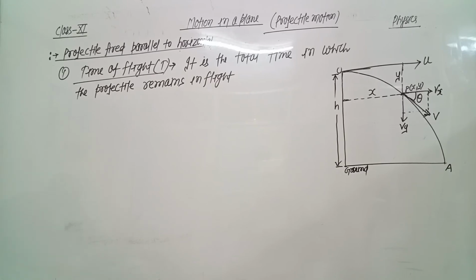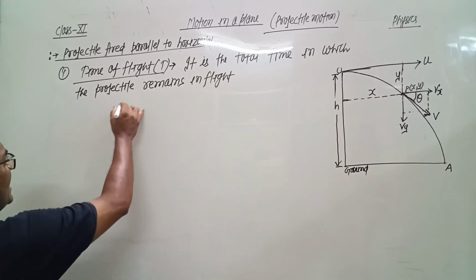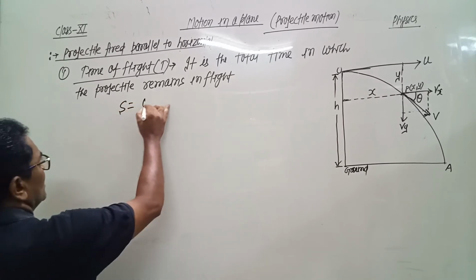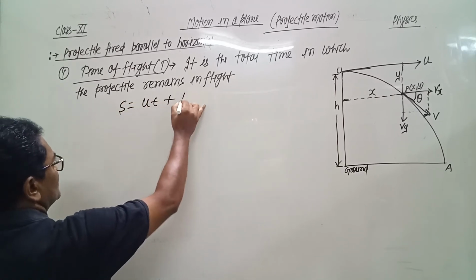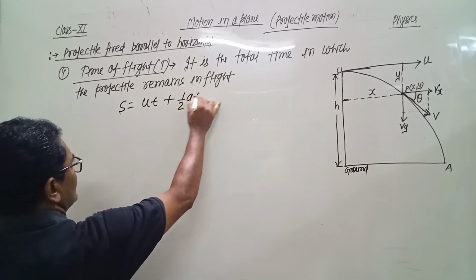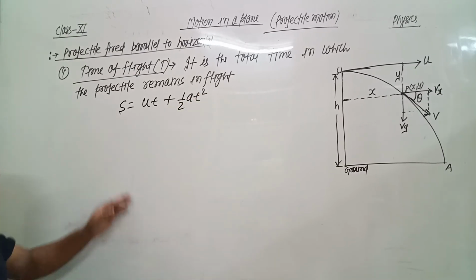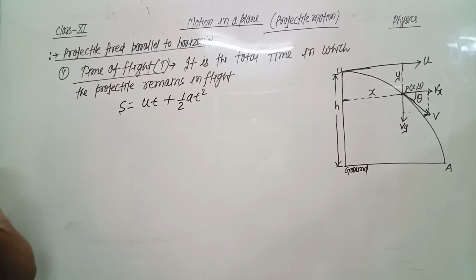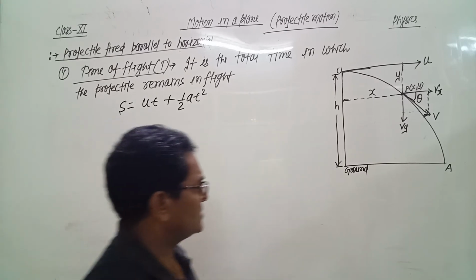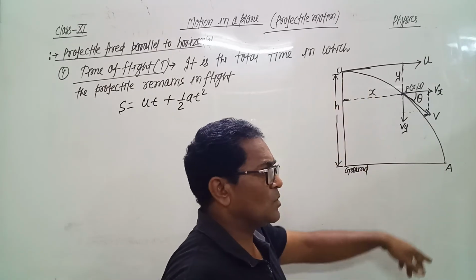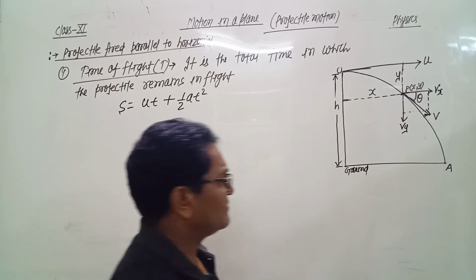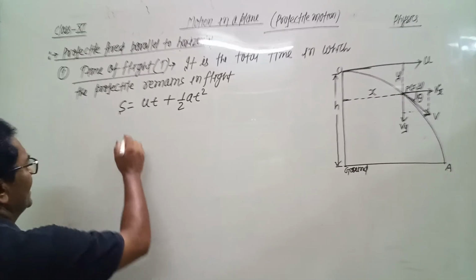So for finding the time of flight, we use the formula s equals ut plus half at square. s is the total vertical distance covered in time of flight. When the body reaches from O to A, then the total vertical distance covered will be h.